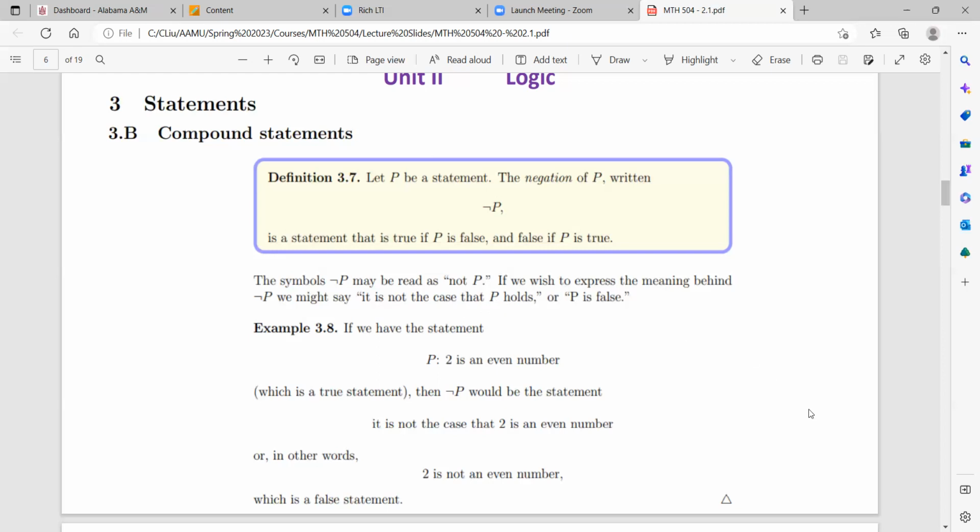All right. So let's just look at one example. We already know the statement P, 2 is an even number, and that's true. So then the negation of P would be the statement it's not the case that 2 is an even number, and we know that's false. That essentially means 2 is not an even number. Okay, so that's a false statement.